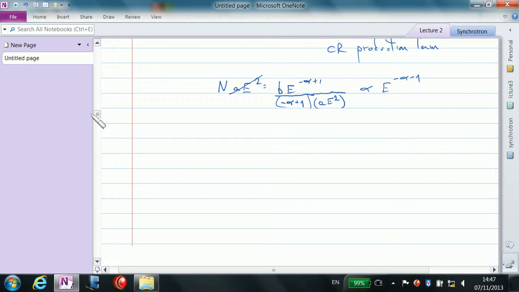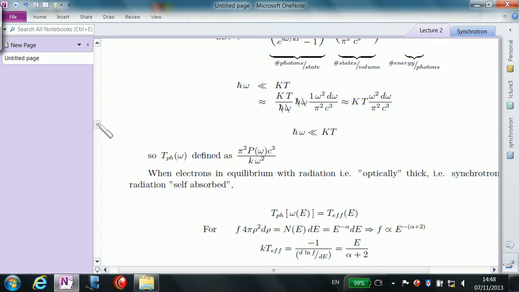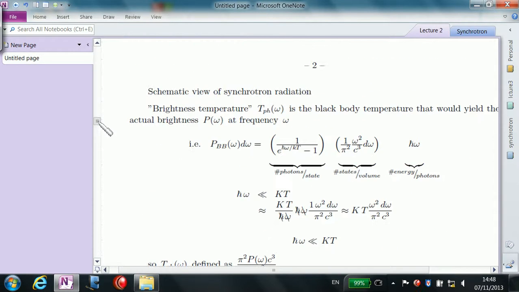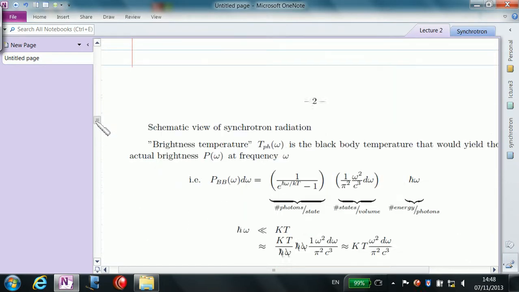So that corresponds to an electron spectrum between E to the minus 2 and E to the minus 2.6, and that's what you expect from the measurement of the cosmic ray spectrum. So now, that's synchrotron radiation.